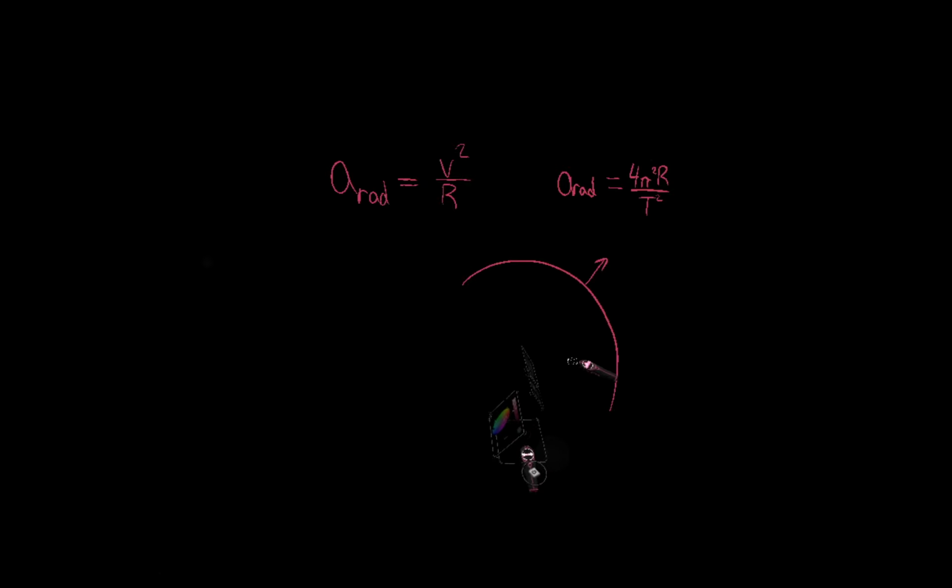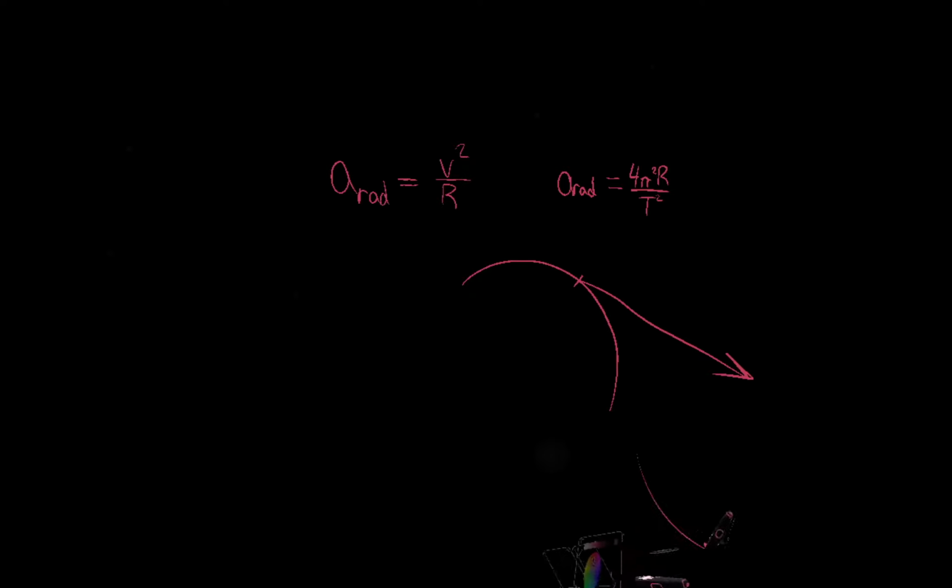But it's not that at all. If you're swinging it around and you let go here, and there's no more forces being applied to it, it would just continue tangentially along that straight path, tangent to the curve. The only reason it's curving at all is because you're providing a force inwards, the tension on the string.